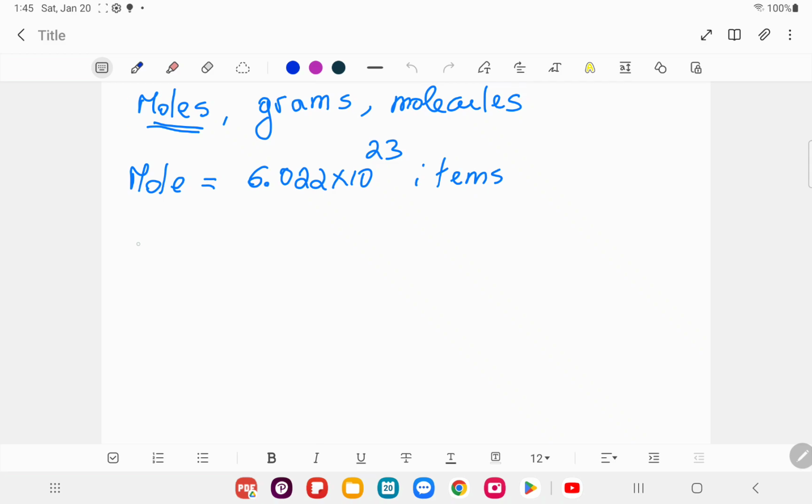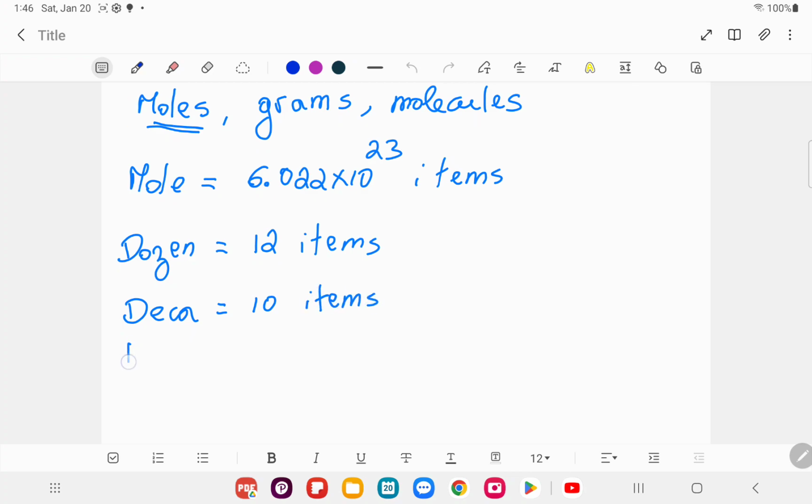For example, when we talk about a dozen, we know that this means 12 items. When we say deca, we know that we are talking about 10 items. When we say hexa, like for the hexagon, we know that this is 6 items.